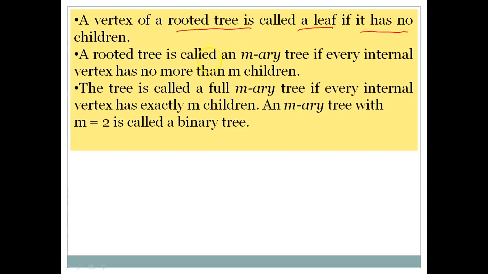Second thing, a rooted tree is called an m-ary tree if every internal vertex has no more than m children. Every internal vertex has no more than m children, then it is called an m-ary tree.